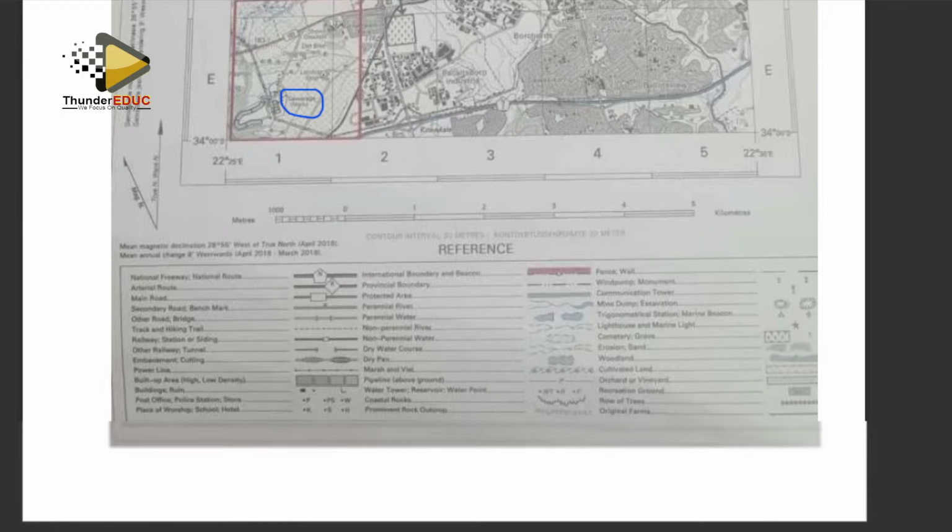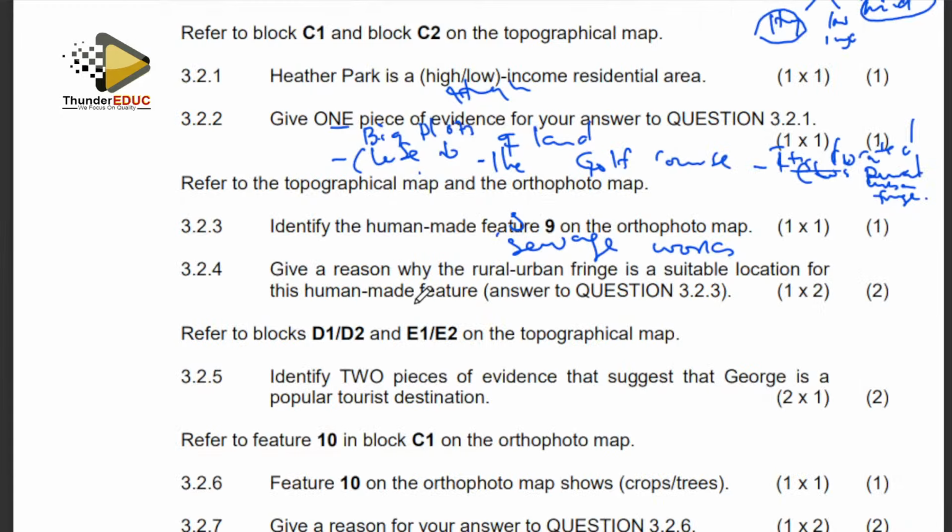Now, the next question says, give a reason why rural-urban fringe is a suitable location for this human-made feature. In that case, why do you think the sewage works is located that far? Number one, it is far away from the built-up area, like the residential area. That is why.